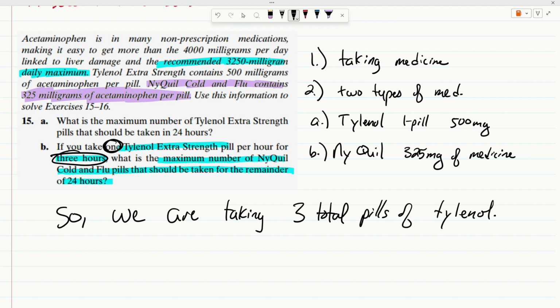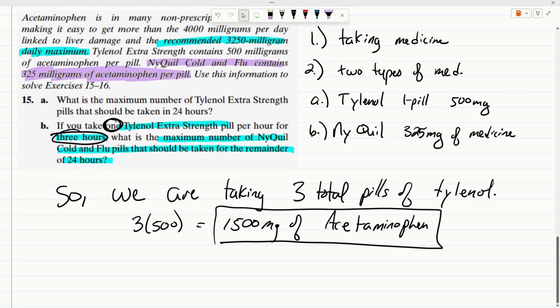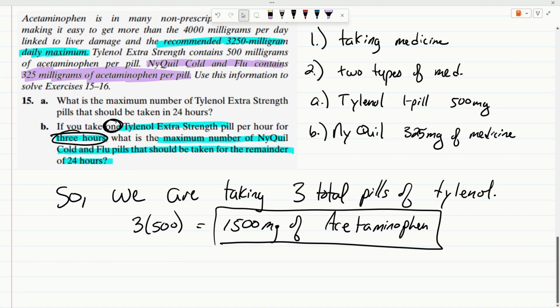Since we know we're taking 3 total pills, and we know each pill is 500 milligrams, that's going to be 1,500 milligrams of acetaminophen. So we know that. We also know that the recommended daily max is 3,250.